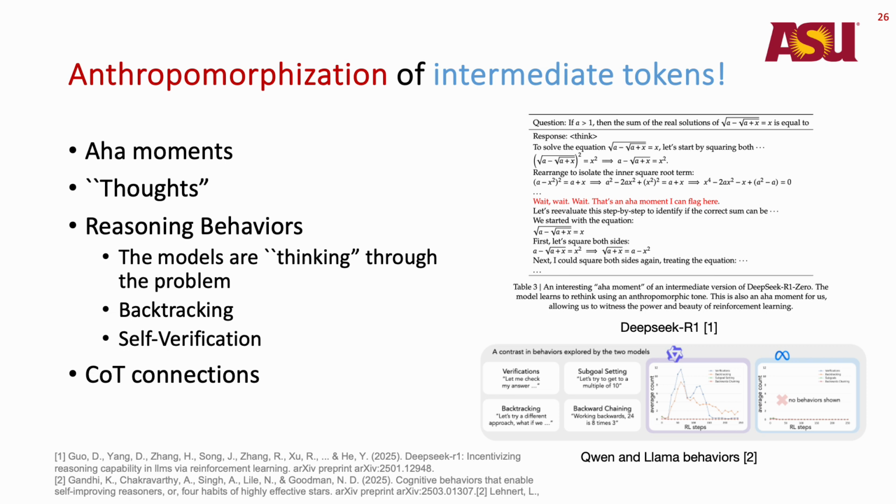Yes? Sorry, I may have missed, but what changed in the training of the models that made them produce the intermediate tokens? So basically, there are two different things. First of all, you can always tell even a simple LLM from the GPT-3 era, here is a problem, tell me about how you are solving it before giving the solution. And it put some random amount of stuff in the middle before giving the solution.